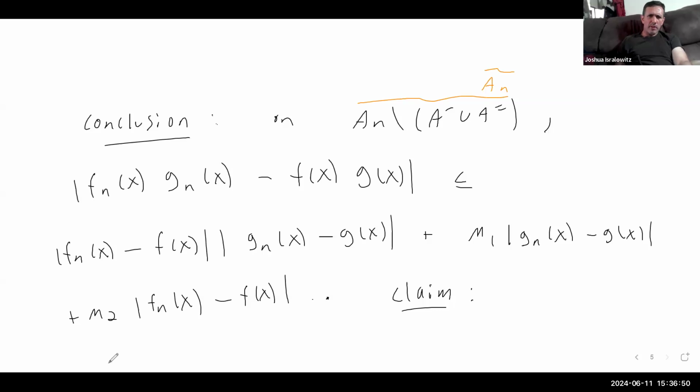So the claim is that A_n tilde has to be a subset of, well, really the set where this is bigger than eta over 3M1. I'll call that B_n.